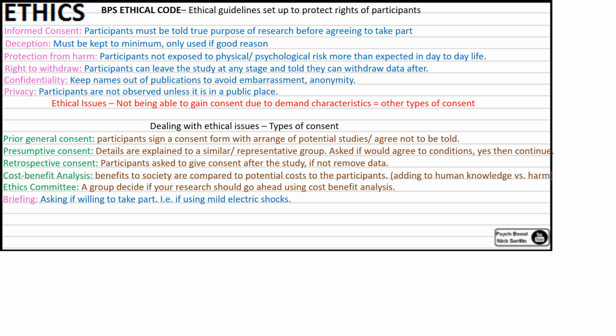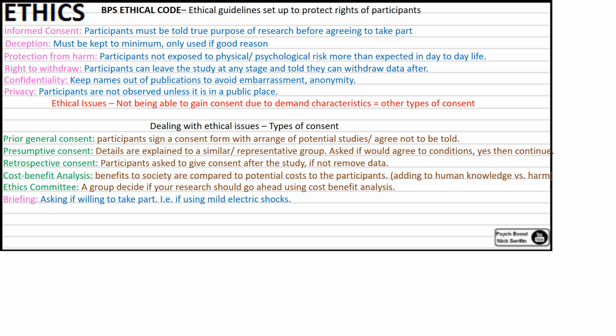And I'd also like you to very quickly write down a cost-benefit analysis. I'd like you to write down some of the harms that came to the participants, but I'd also like you to think about the benefits to society from Zimbardo's research. And then I'd like you to make a decision about whether Zimbardo's research should have gone ahead. And I'll ask all of you when you come into class.